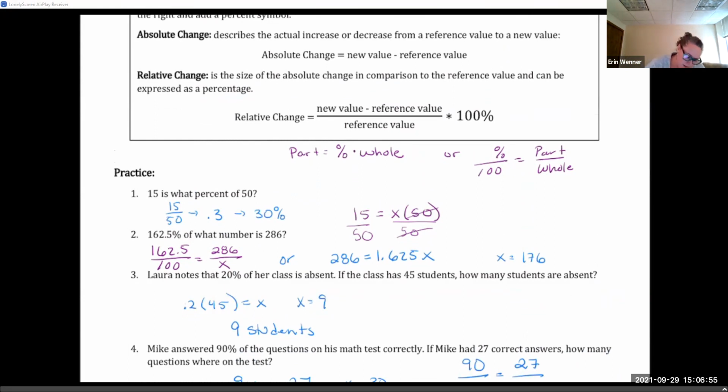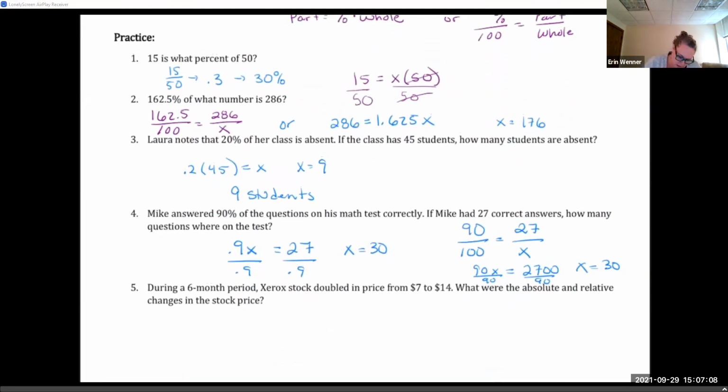I want you to think of this as the end minus the start, because sometimes the absolute change is negative, okay? So for us, it ended at 14 and it started at 7. So it changed by $7, right?